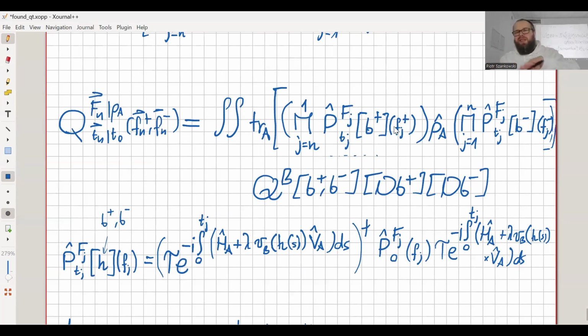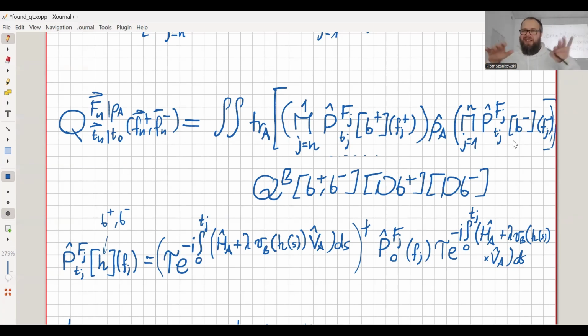Here you have one branch of evolution that is dependent on the B plus component of the B trajectory, and the other branch of evolution that goes backwards in time has different time dependence because it is driven by the minus component of the B trajectory.